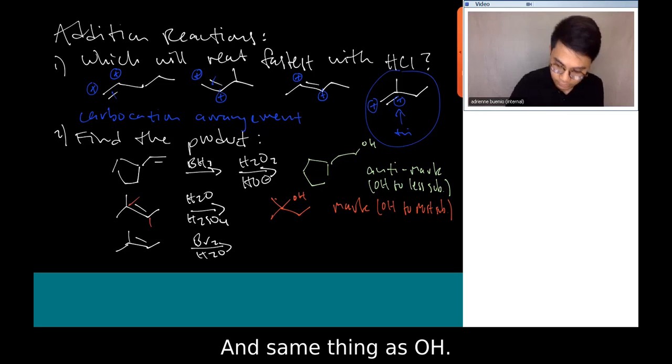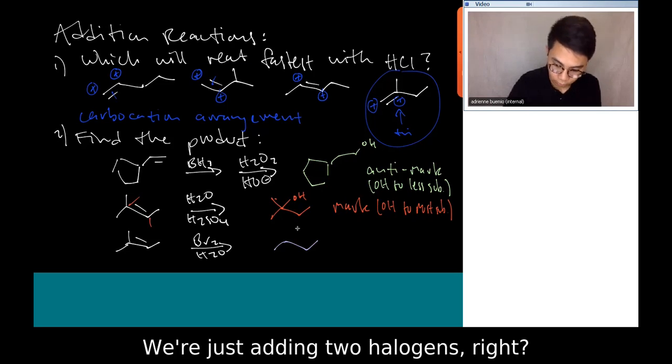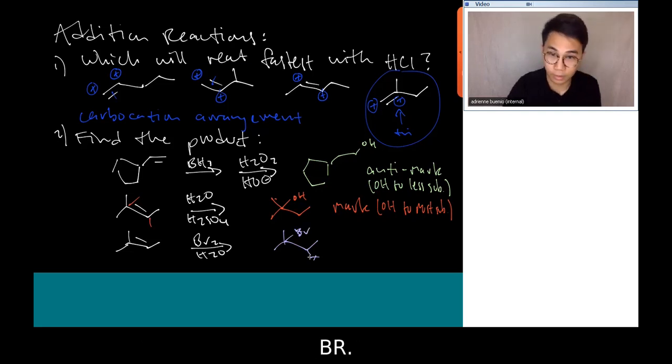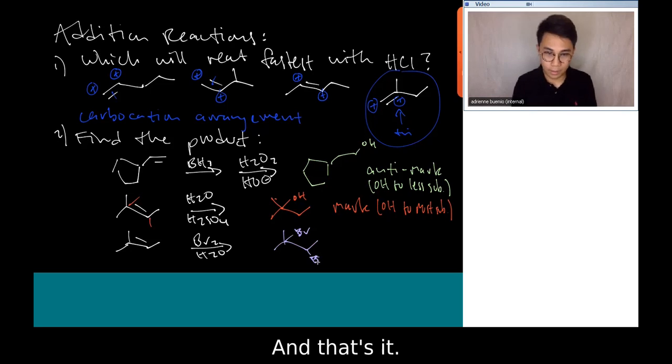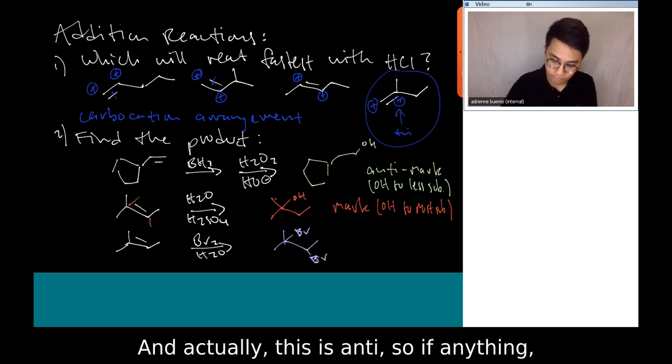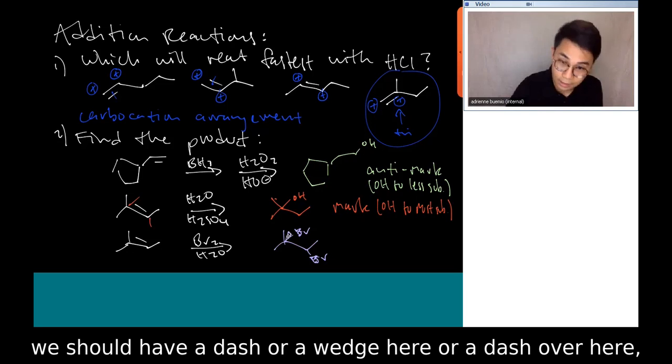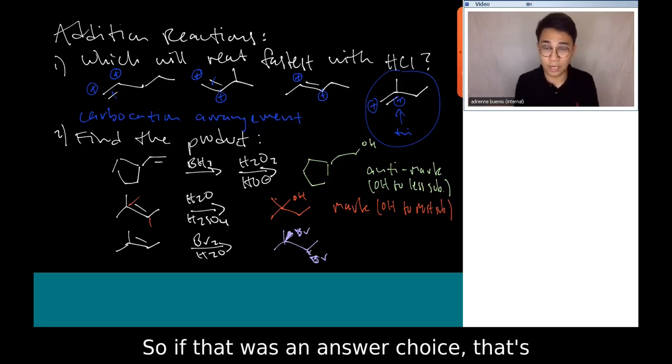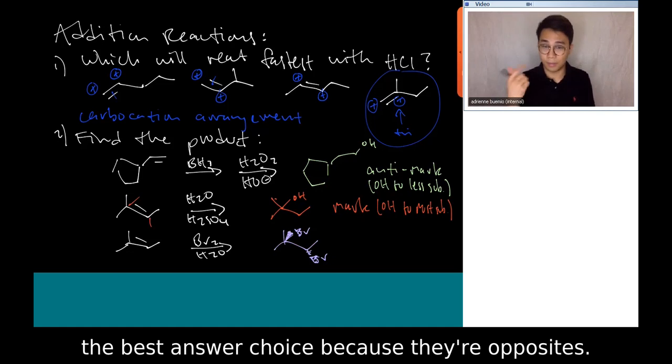And same thing as OH, we're just adding two halogens, or I guess Br, sorry, right? Br, and that's it. And actually, this is anti, right? So if anything, we should have a dash or a wedge here, or like a dash over here, right? Showing that they're opposites. So if that was an answer choice, that's the best answer choice because they're opposites, right?